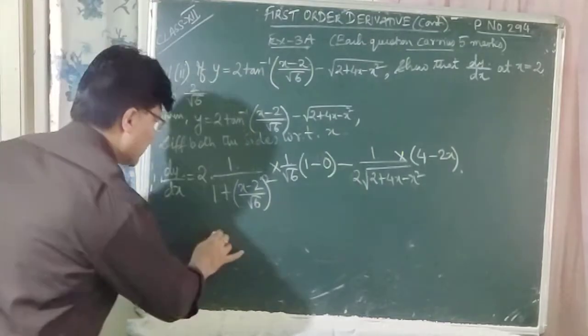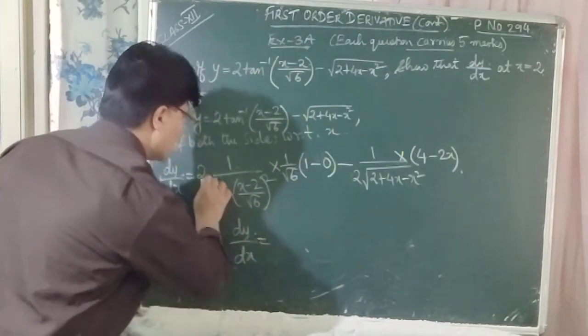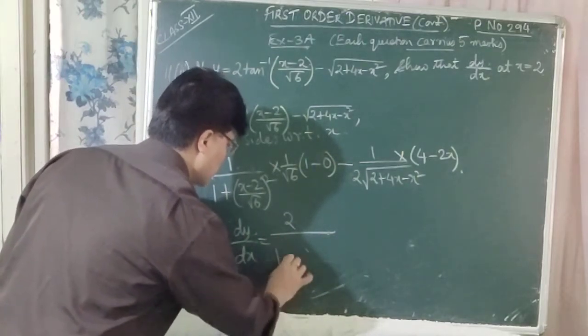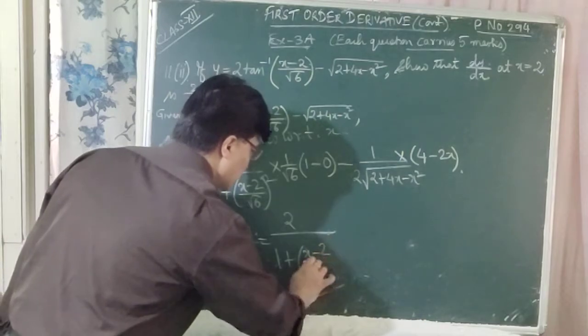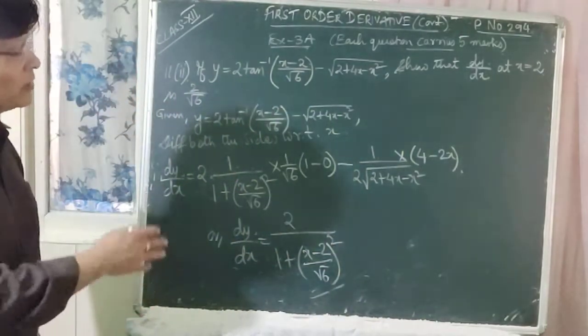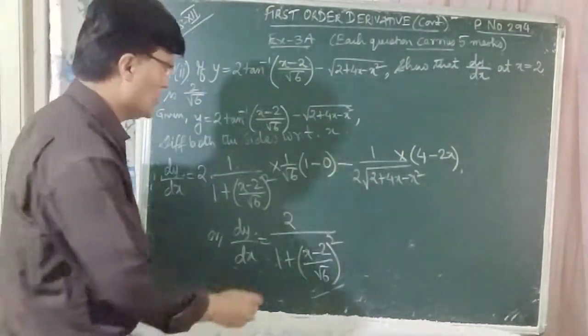So now let us write down, or dy by dx is equal to 2 ones are 2 divided by this is 1 plus x minus 2 by root over 6 whole square. Don't simplify it because we have to put the value for x which is equal to 2.